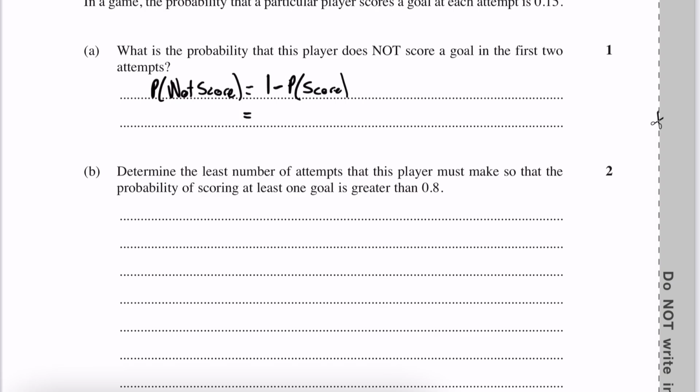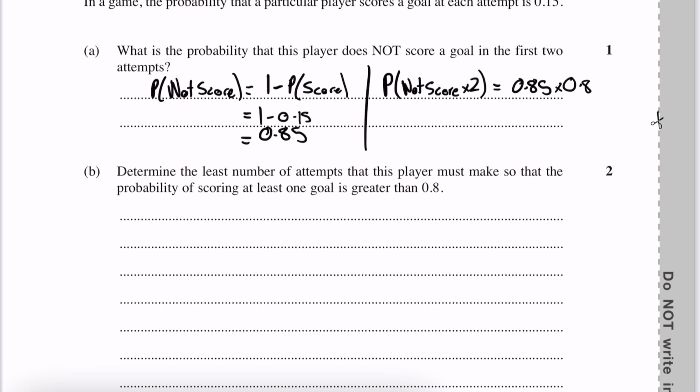And so that's equal to 1 minus 0.15, which is equal to 0.85. And so that means the probability that they don't score twice is equal to 0.85 times 0.85, because those outcomes need to happen twice, and that equals 0.7225.